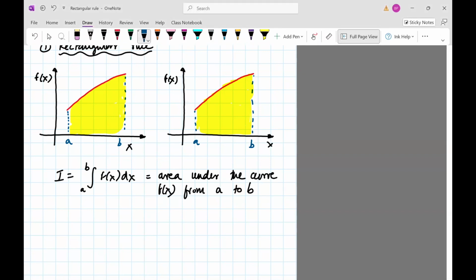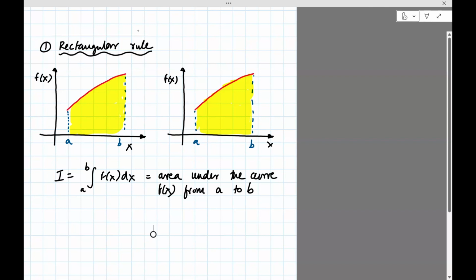So here's the first idea, which is to decide the number of segments you want to divide this interval in. Let's say there are n segments: 1, 2, 3, and so on till n. Once you take the segments, you know the value over here.